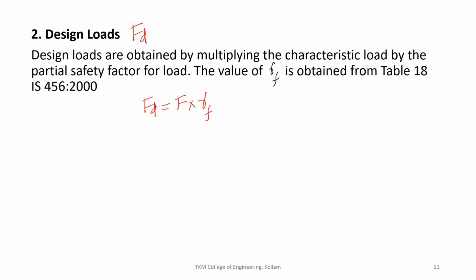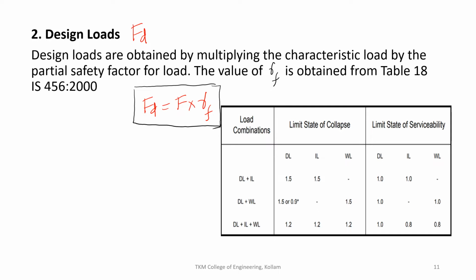That is, the design load will be obtained by multiplying the characteristic load by its partial safety factor, and the partial safety factor is obtained from table number 18 of your IS 456, and it is shown like this.